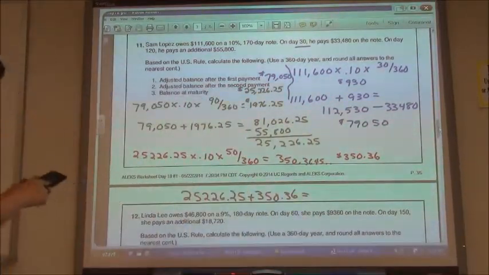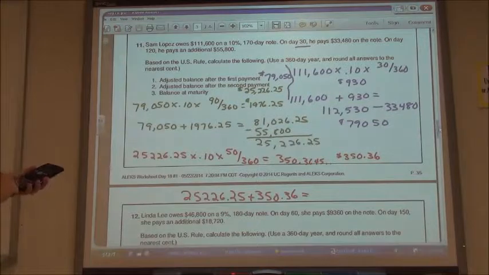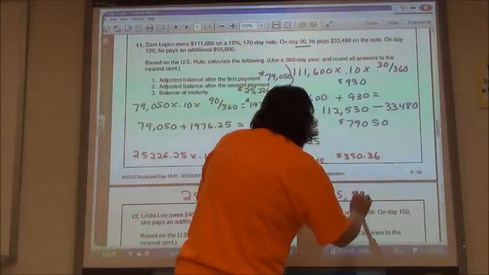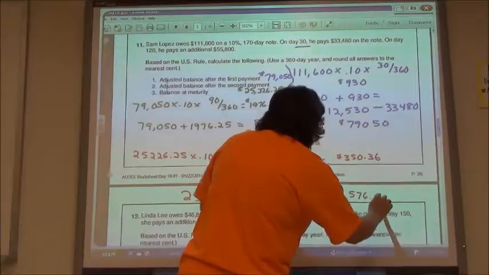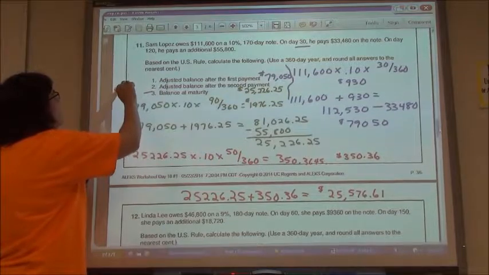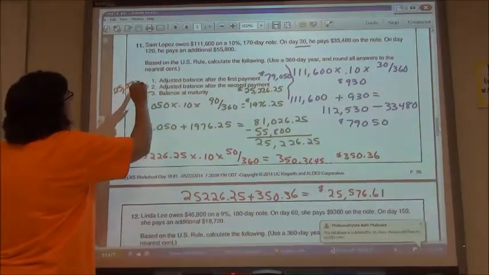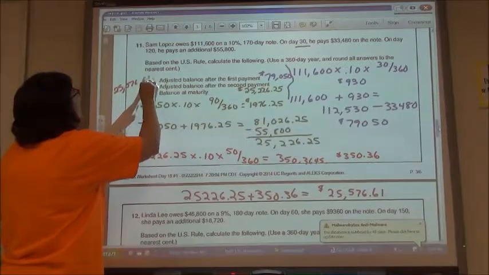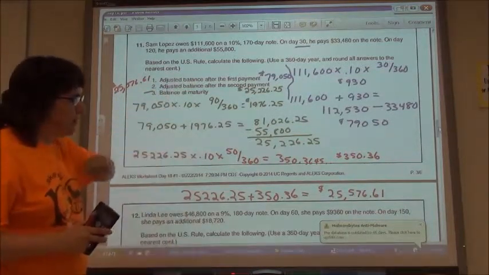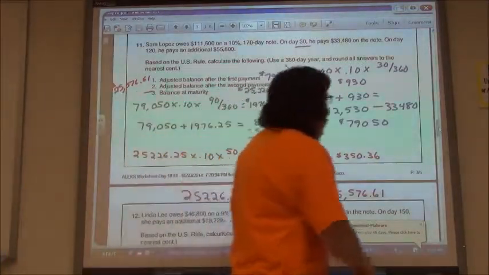And so if I add those together, $25,226.25 plus $350.36, I get $25,576.61, which is going to be my final balance, $25,576.61, and that's going to be the amount of my final payment. So 3 parts to that problem, gets kind of long, and we have one more of those.